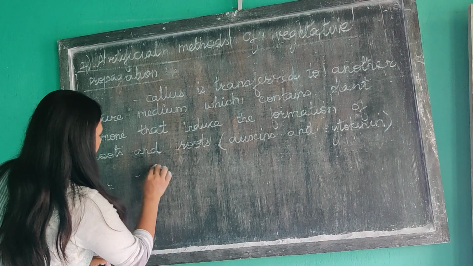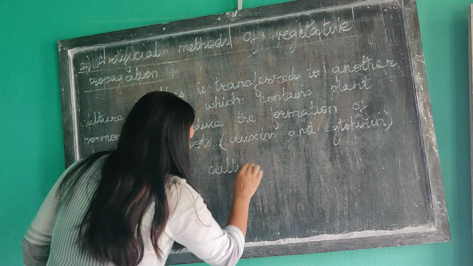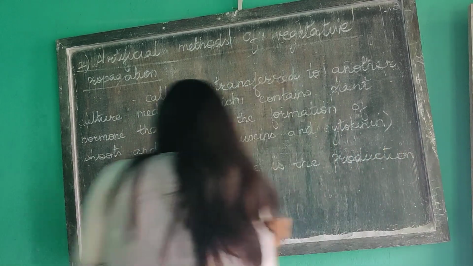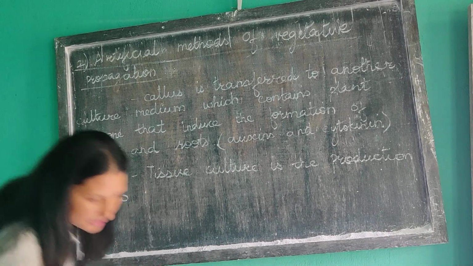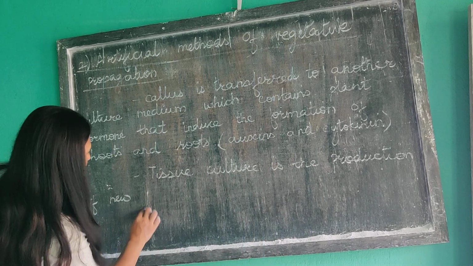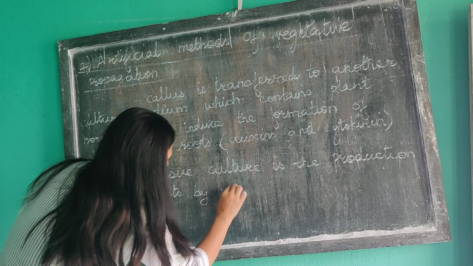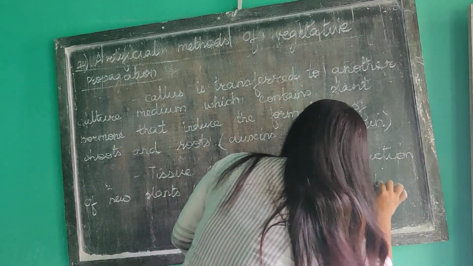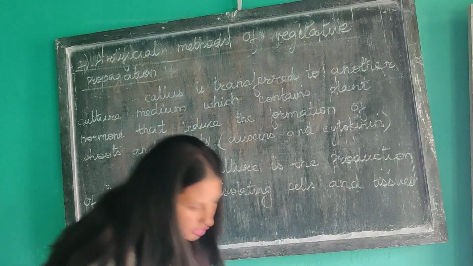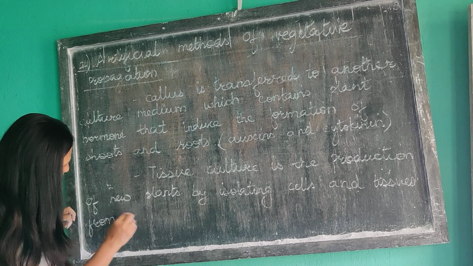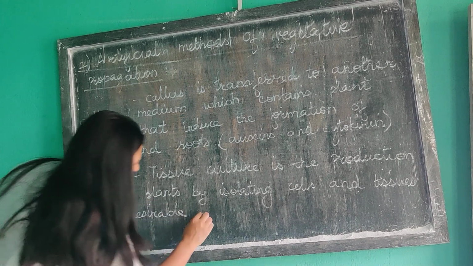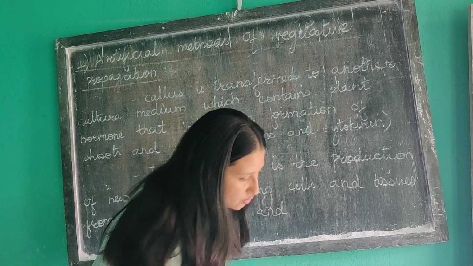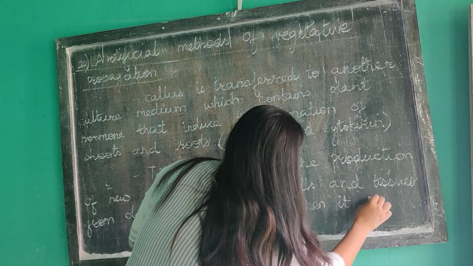So tissue culture can be defined as the production of new plants by isolating cells and tissues from the desirable stock, that is the parent plant, and then it is cultured in suitable media.